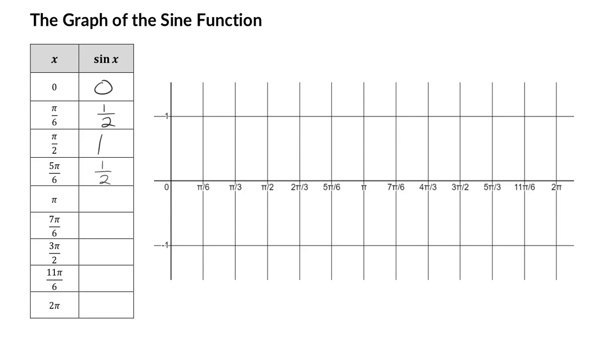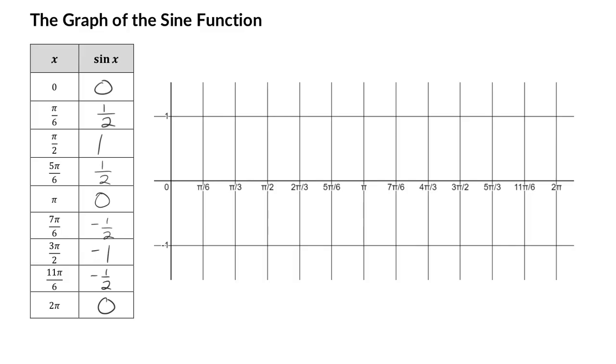What about pi? 0. What about 7 pi over 6? -1/2. How about 3 pi over 2? -1. How about 11 pi over 6? -1/2. And then back at 2 pi? 0. So we have all of these input value pairs.